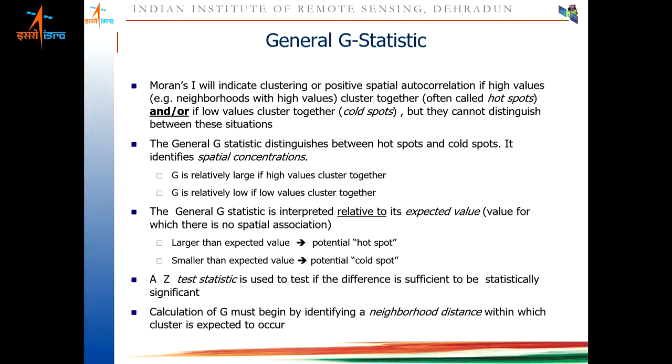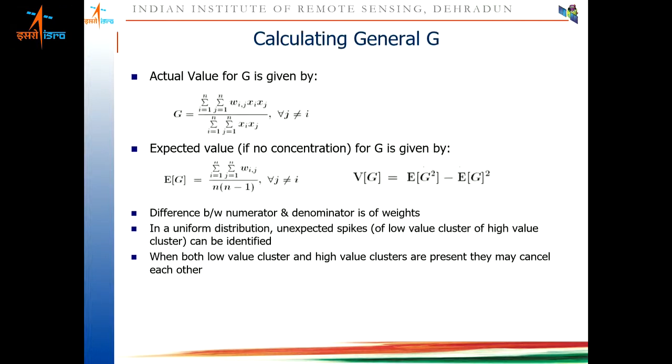And there is a significance test for this also. There will be a potential hotspot of larger values and a potential cold spot for smaller values if the test is significant.